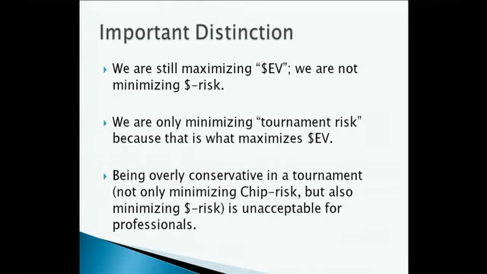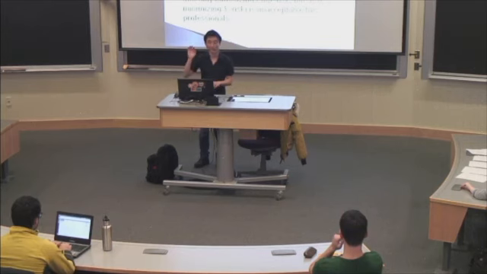I'm still assuming we're trying to maximize our expected money without worrying about risk, and we're only minimizing tournament risk to maximize our expected amount of money. But I'm not saying we should be overly conservative in a tournament and just try to move up the money ladder slowly, when you should be gambling because it's positive money expectation.